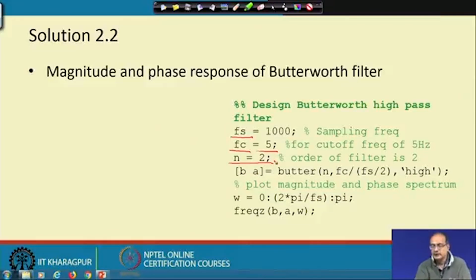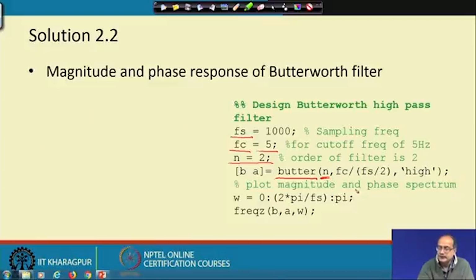For that, we generate the high pass Butterworth filter. So, we have issued the command butter, and the first variable is n, that provides the order of the Butterworth filter.